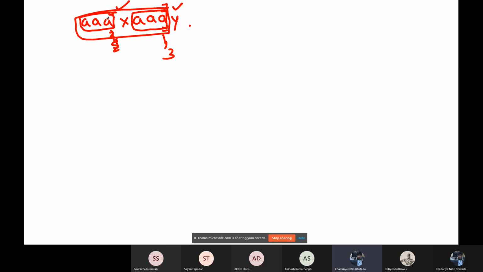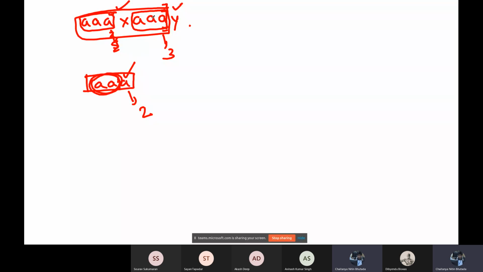So we go to this block and go to the inner pi value of this position, so that we retain the maximum number of matches. So the value of pi here will be 2, so we now check this position A.